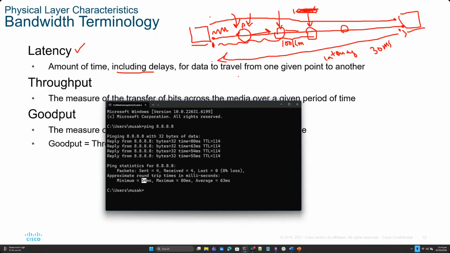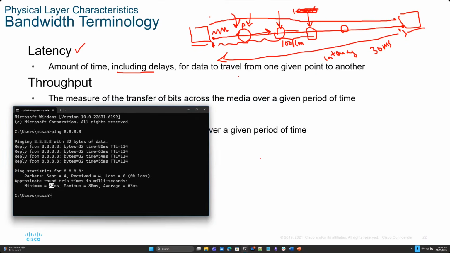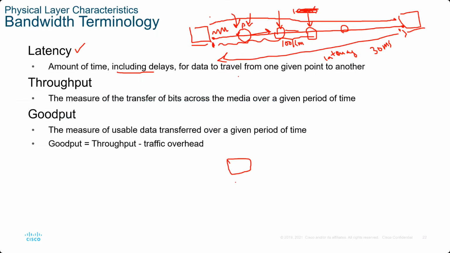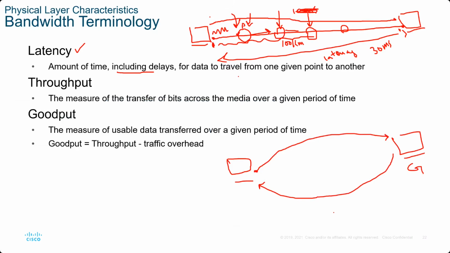That means when I sent a packet from my computer to the Google server, it went there, and then Google sent me a reply back. That is called a round trip time, which was 54 milliseconds. What would be the latency between my computer and the Google server?